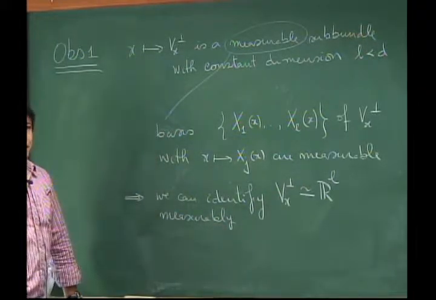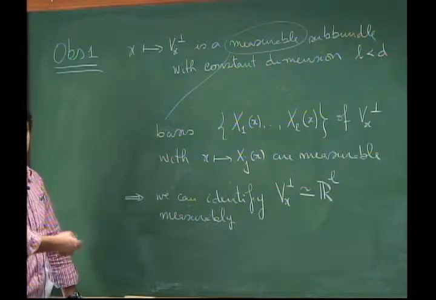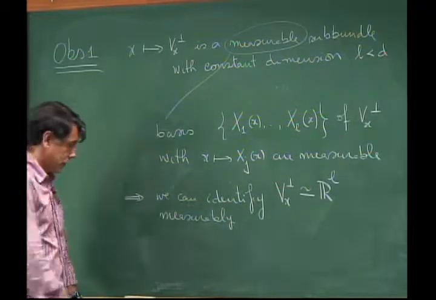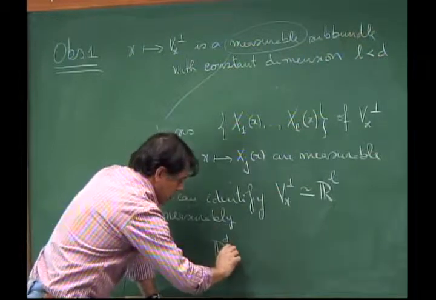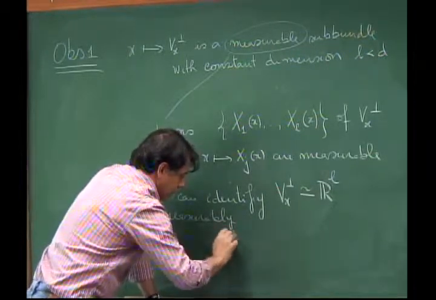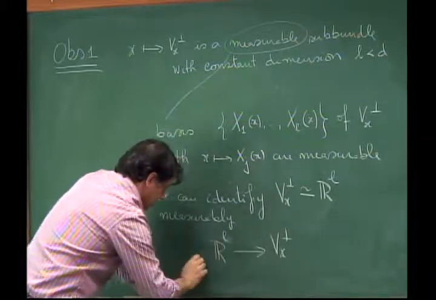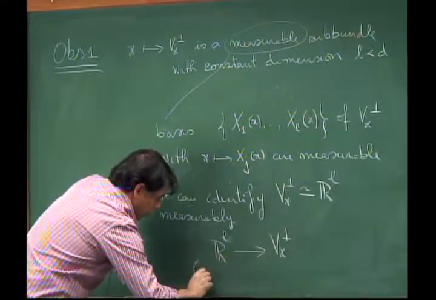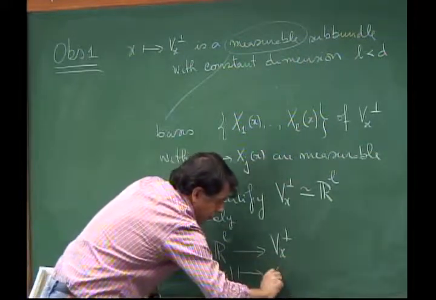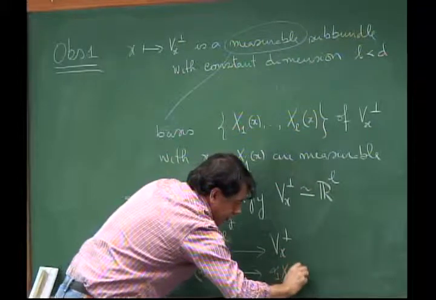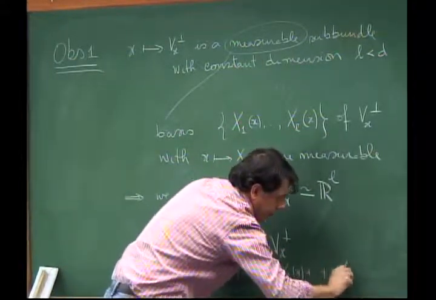Once you have a basis for your subspace, you can use the basis to say it's isomorphic to RL. You just map RL to Vx orthogonal, sending alpha 1, ..., alpha L to alpha 1 x1 of x plus ... plus alpha L xl of x.